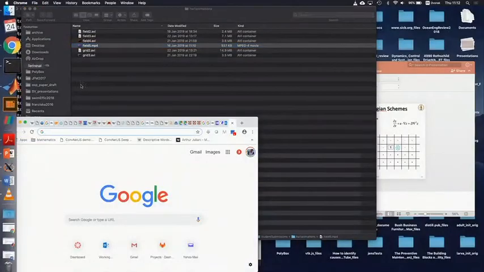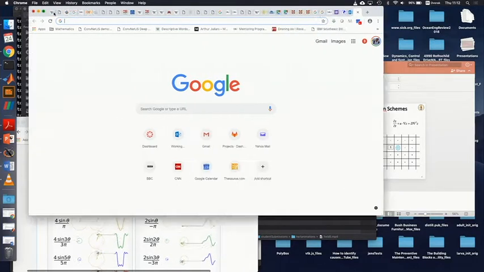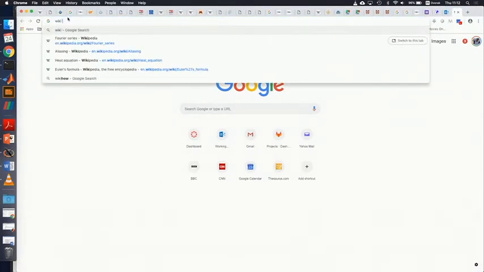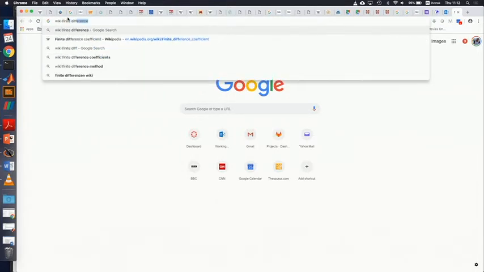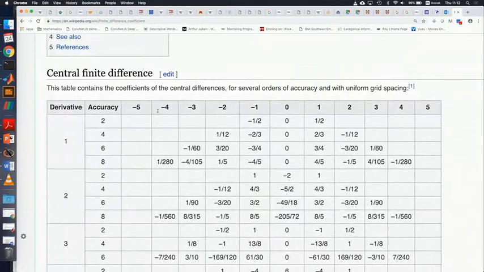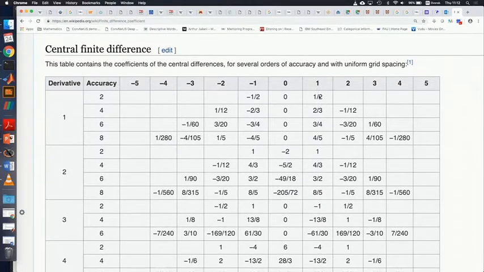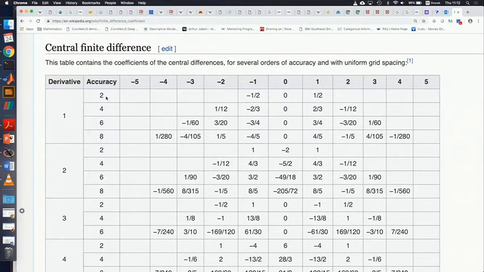So how do we figure out what a third order approximation looks like? We go to the source of all knowledge and say finite difference coefficients. This is something we had seen when we were talking about finite differences. If you take the first derivative, order 2, you'd go one left, one right, and divide by 2 delta x. All of these are even order center differences.